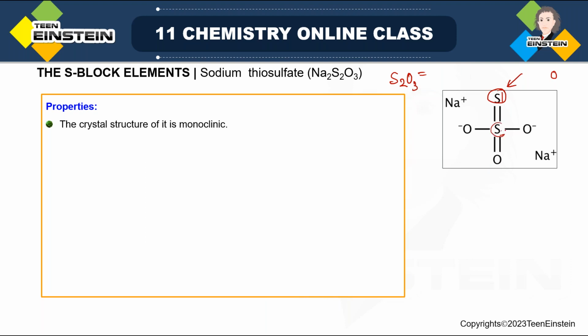But for this sulfur, the oxidation state will be 4 because there are a total of 4 sulfur-oxygen bonds, and the bond between the same atom we will not consider during oxidation state calculation.